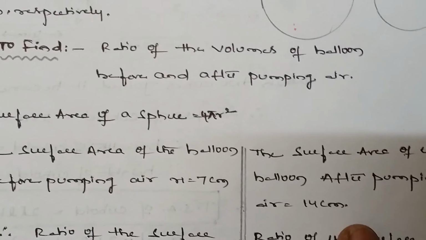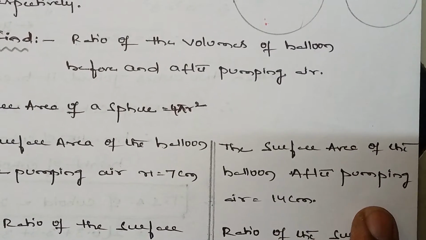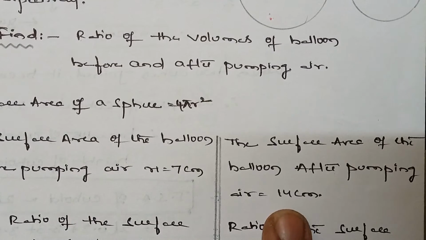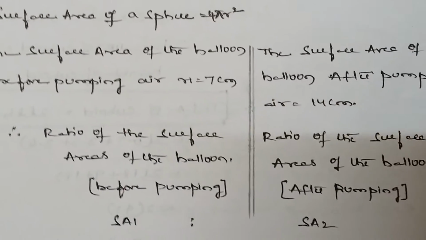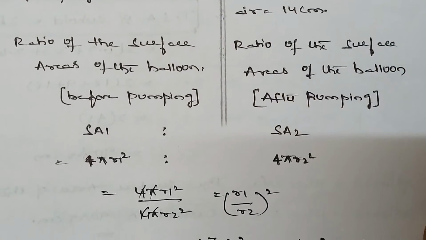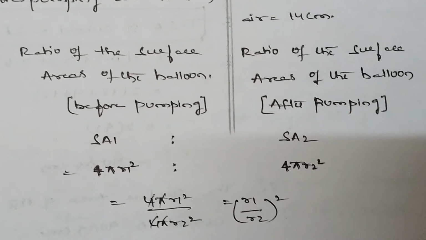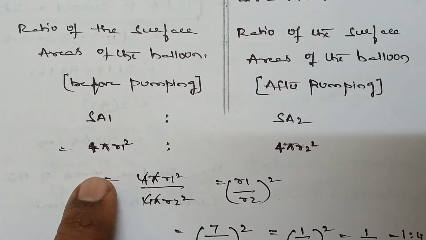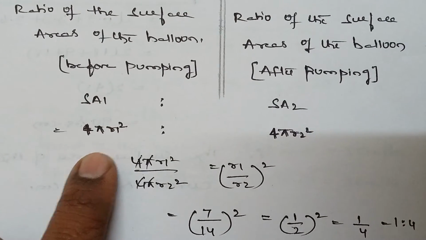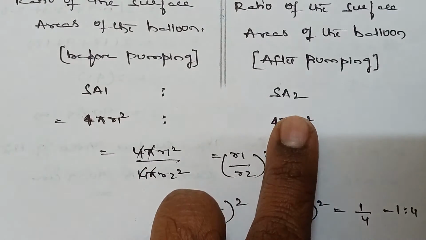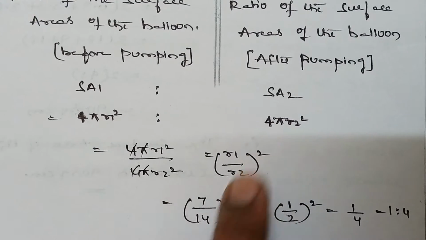Then find the surface area of the balloon after pumping, that is with radius 14 centimeters. So overall we get the surface area of the first balloon is 4 pi r1 square, and the surface area of the second balloon is 4 pi r2 square, students.